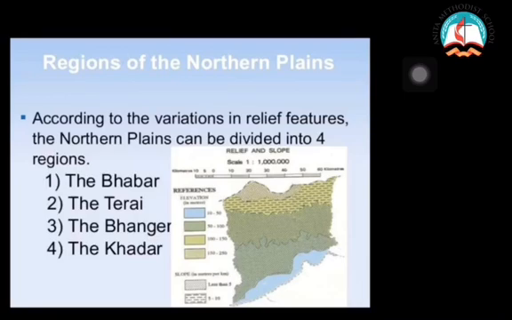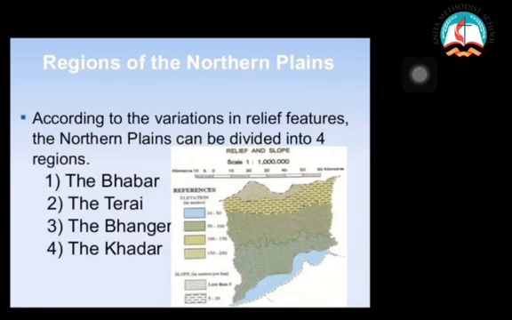This plain is one of the most extensive stretches of alluvium in the world and is deposited by the rivers Indus, Ganga, Brahmaputra and their tributaries. They are formed mostly by the depositional process of the Himalayan and Vindhyan rivers.